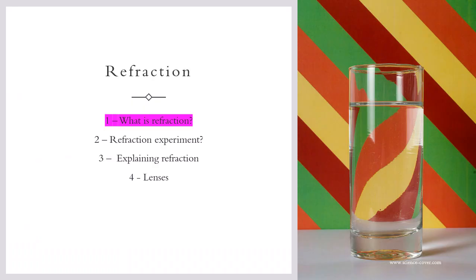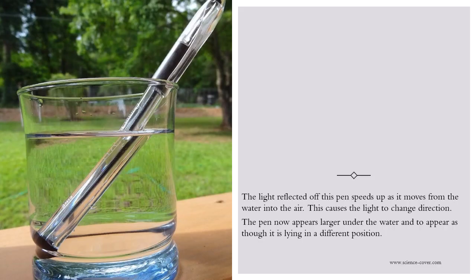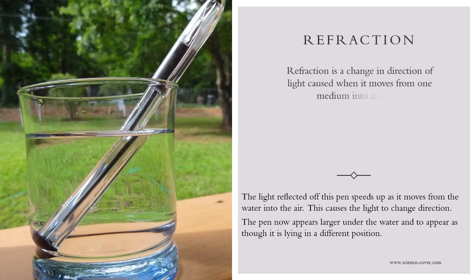Now let's look at refraction. Let's first understand what we mean when we speak about refraction. Refraction is a change in direction of light caused when it moves from one medium into another.